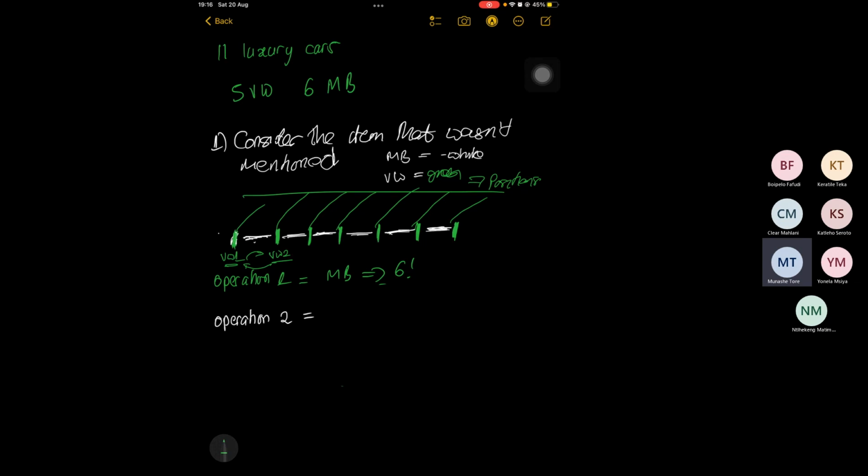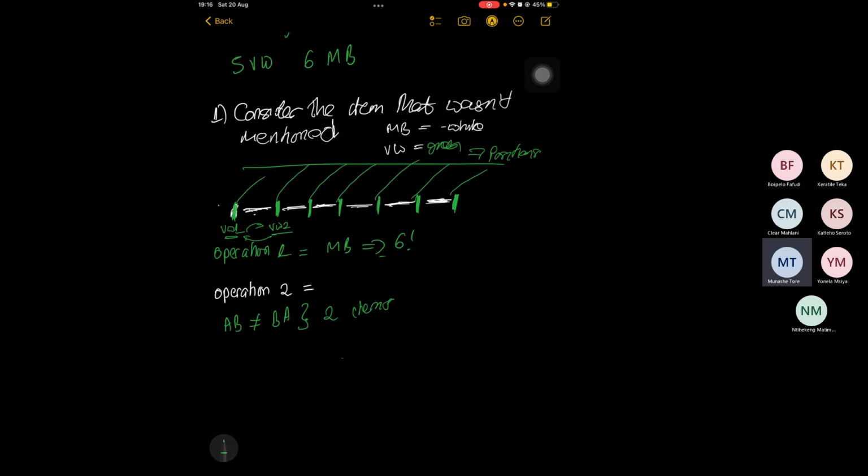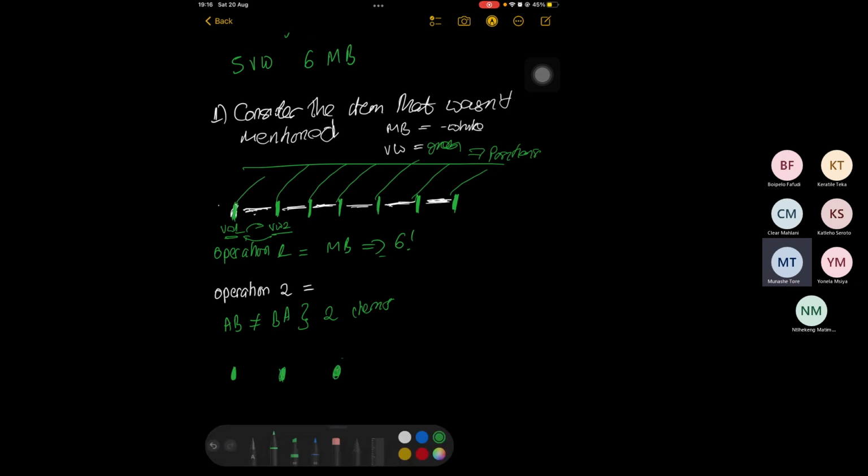But now, does order matter or doesn't it? And we said that order matters. And by order matters, going back to what we said when we opened this session, if order matters, then AB is not the same as BA, and these are counted as 2 items. So the very same thing applies. Let's assume, in a different case, this is a VW, another VW, then another VW.